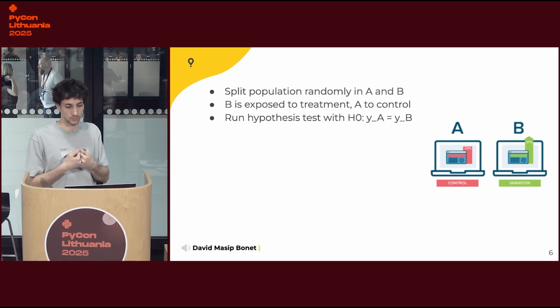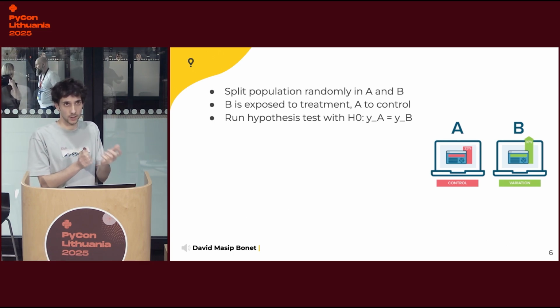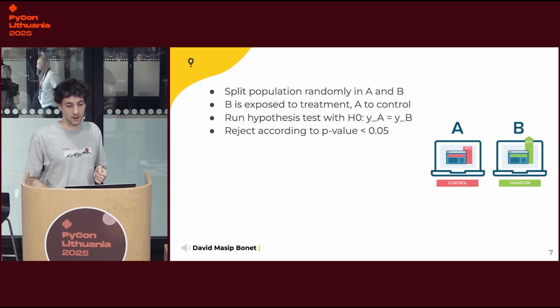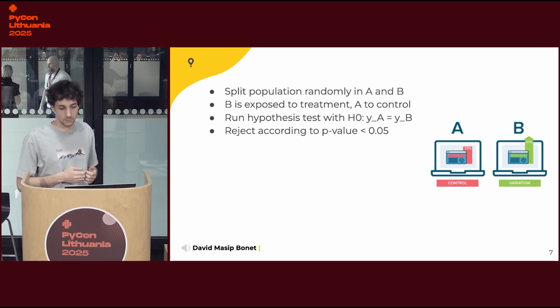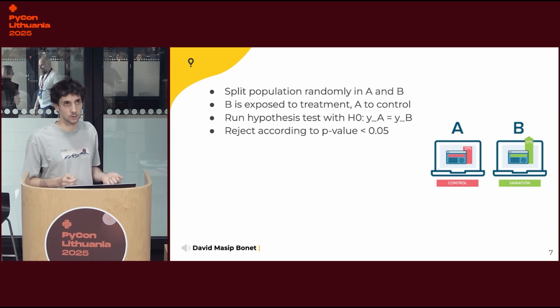In the end, for a given metric, you run a hypothesis test where your null hypothesis is that you didn't change anything, and you're collecting data in order to invalidate this null hypothesis. What people typically do is reject this null hypothesis when there's strong evidence that B is different than A, and this is typically done via p-values.